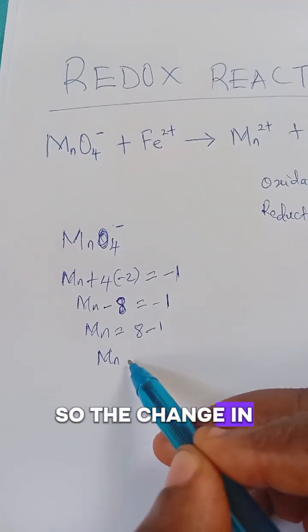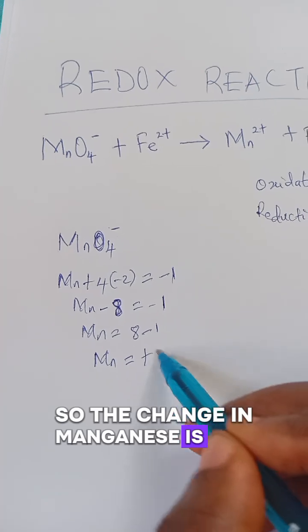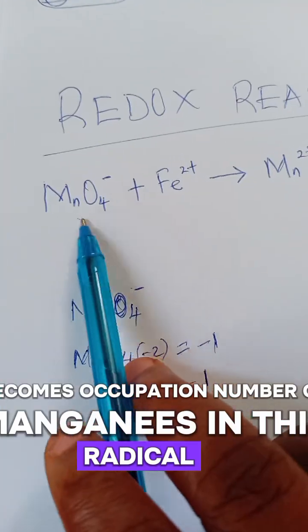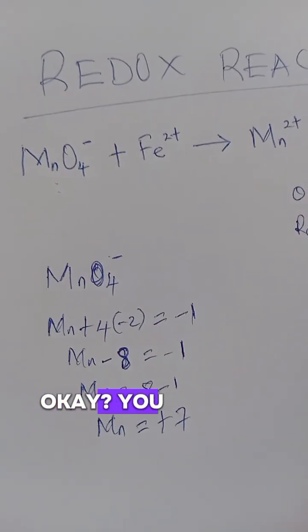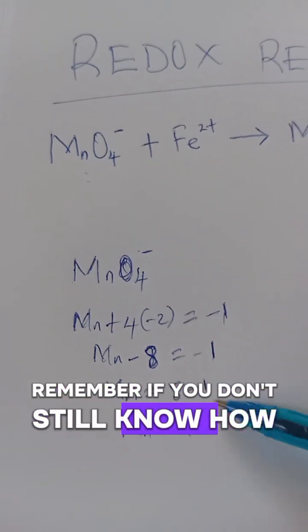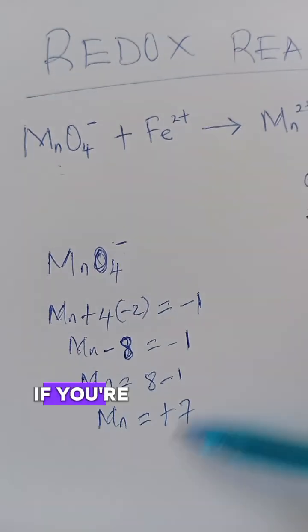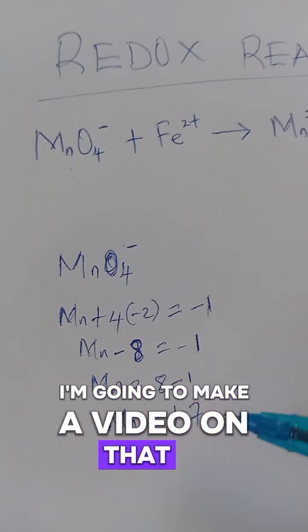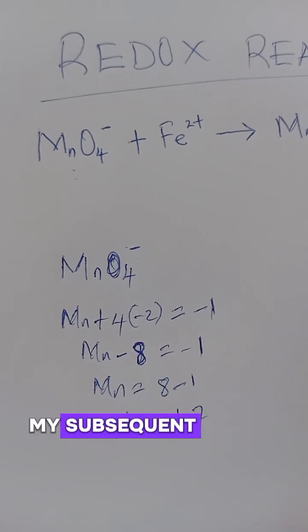So the oxidation number of manganese in this radical is plus 7. You see how I calculated the oxidation number. Remember, if you're confused on how I arrived at plus 7, I'm going to make a video on that in my subsequent videos.